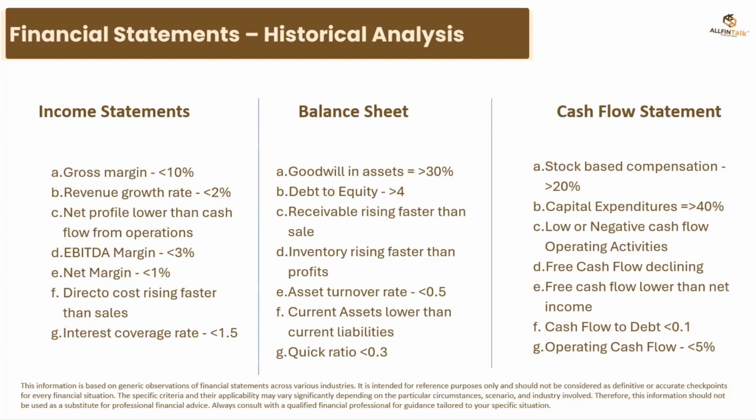My free cash flow is declining. My free cash flow is lower than the net income. We also compared our cash flow from operations to the net income. Similarly, my cash flow to debt is less than 0.1. My operating cash flow is less than 5%. Obviously these are all red flags that one should be concerned about.